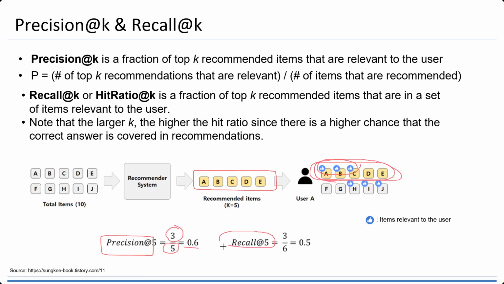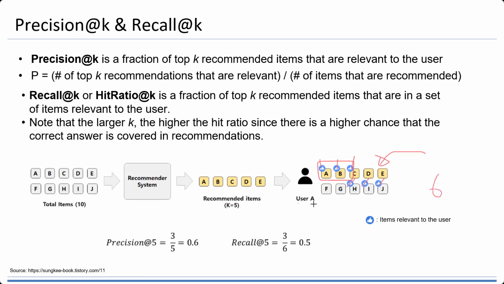What about recall? The recall means the relevant items that are in the recommended items out of 1, 2, 3, 4, 5, 6. Out of 6 items that are relevant to user A, 3 of them are in the recommended items.